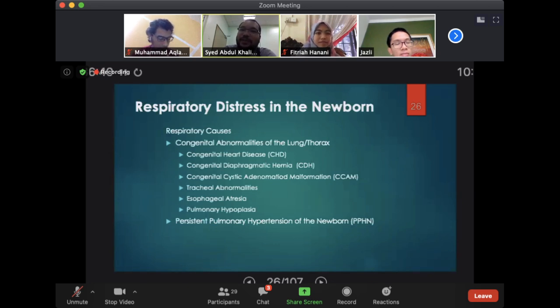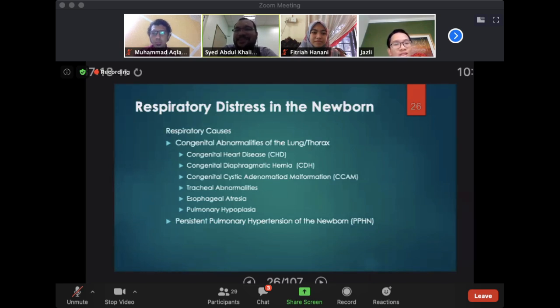If the problem is cardiac, like TOF or other cyanotic congenital heart disease, even if you give 100% oxygen, the saturation and PaO2 will still remain low. But if the problem is the lung, when you give 100% oxygen, the SpO2 and PaO2 will improve. So this is to differentiate between pulmonary cause and cyanotic congenital heart disease, not for PPHN, because in PPHN, sometimes even if you give 100% oxygen, they will not increase. Okay, what else can we do?